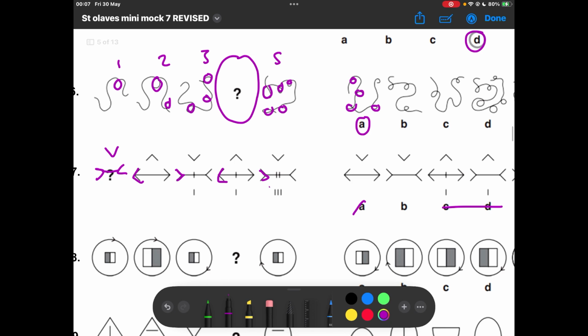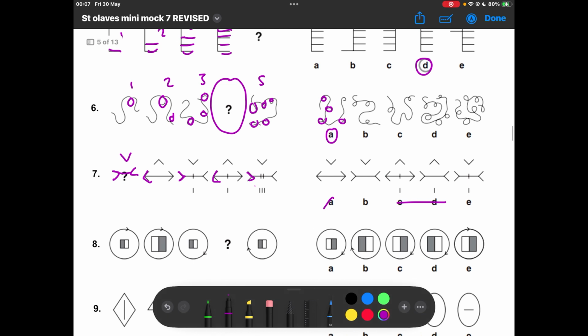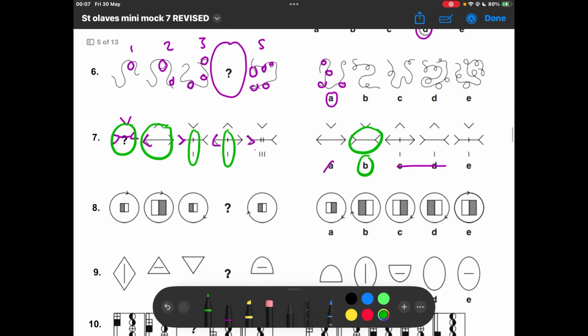Rule out A. And then the fact these two have the same number of lines, that means the two next to each other have the same number of lines before it changes. So because this one has none, this one will also have none, leaving us with the answer, which is B, because it's got no lines going through the arrow.